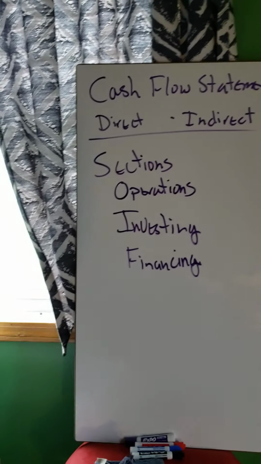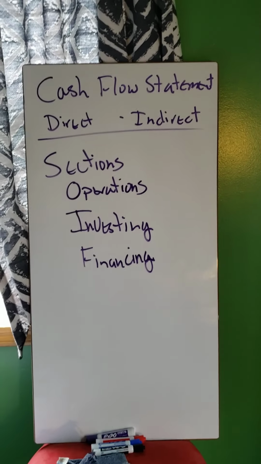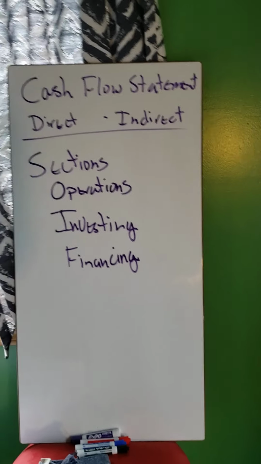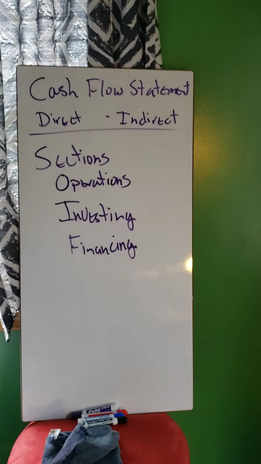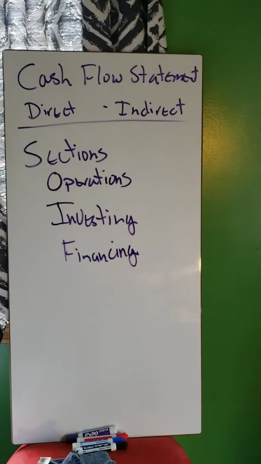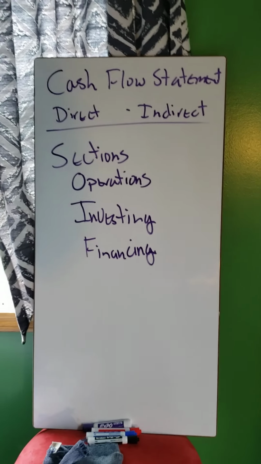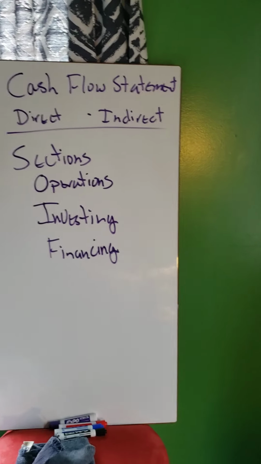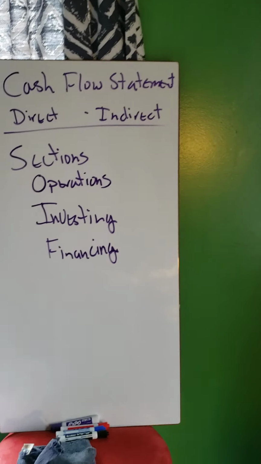If my accounts receivable goes up, the cash from my sales actually goes down, because I didn't receive cash for some of the sales that I made. So we start with net income, making adjustments for non-cash items. The primary non-cash item is depreciation.